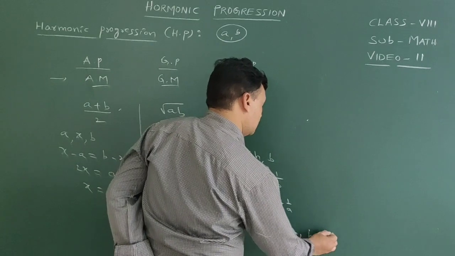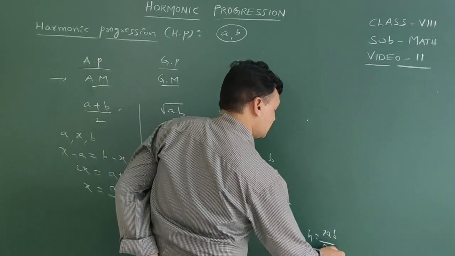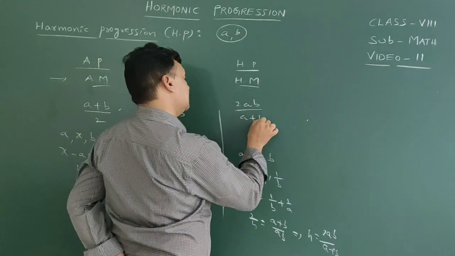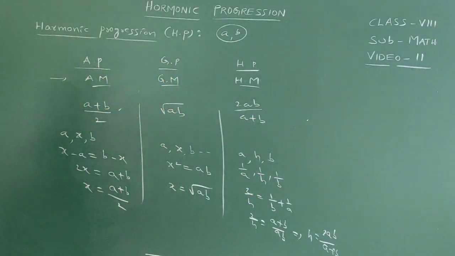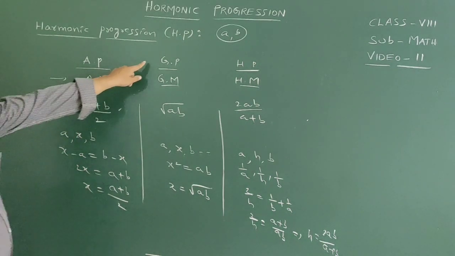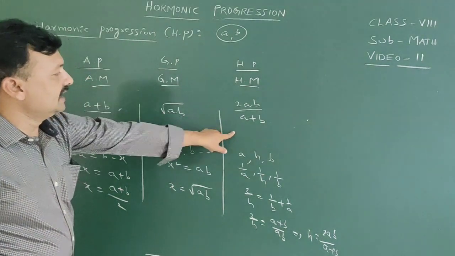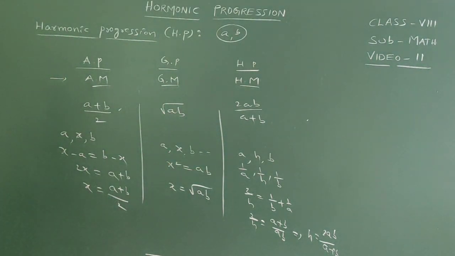Then H equals 2AB by A plus B. Observe this one: if they are in AP, A plus B by 2 is its mean. If they are in GP, root AB is its mean. If they are in HP, 2AB by A plus B is its HM.